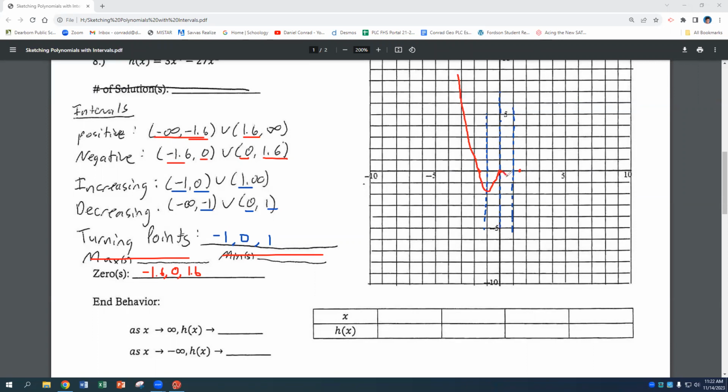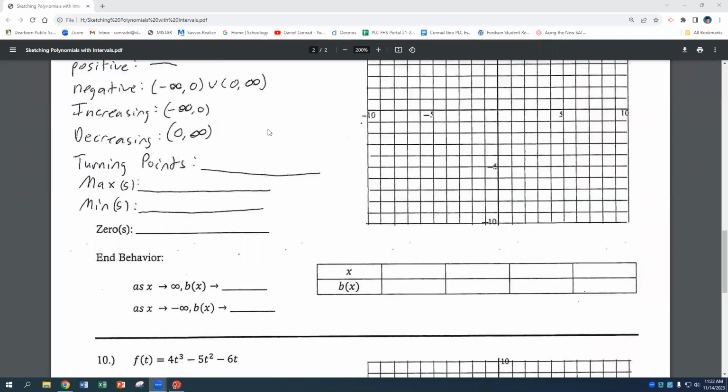So I turn again, go down until the next turning point, and then up. It's just a rough sketch, not perfect, but we're using the x-intercepts and turning points to graph it.